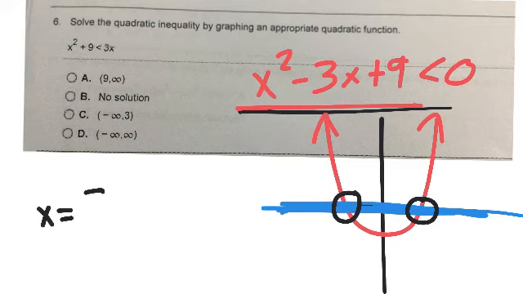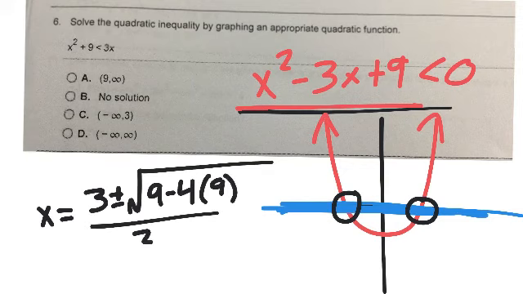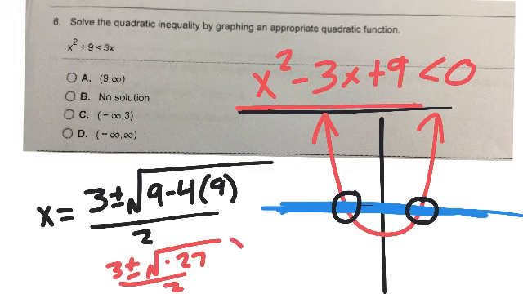x equals negative b plus or minus the square root of b squared minus 4 times a times c, all over 2 times a. So that's going to be 3 plus or minus the square root of 9 minus 36, which is negative 27. So I know I'm taking the square root of a negative number, which will not give me a real answer.